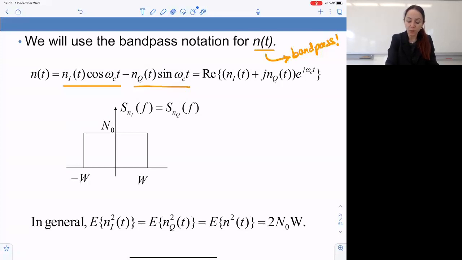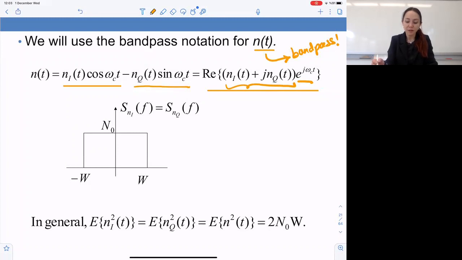Okay, we can represent this as the real part of some complex signal. So this is again for convenience. We're talking only about real signals in the system. However, we can always represent our real signal in terms of its in-phase and quadrature components as if there is a complex signal and our signal is the real part of it.